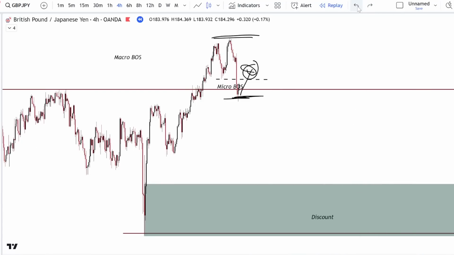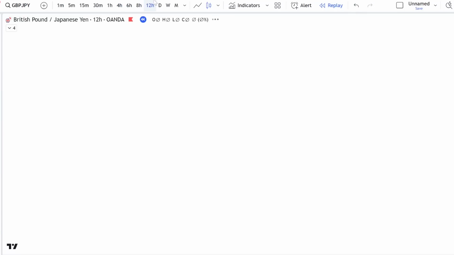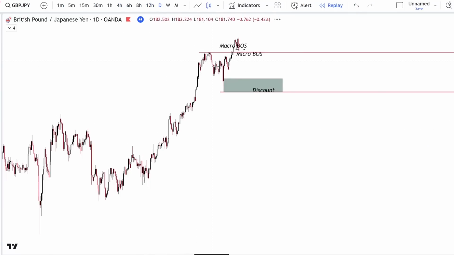Why can price switch direction? Because this is what you are anticipating on the macro. On the macro, what you're looking for is something like this.